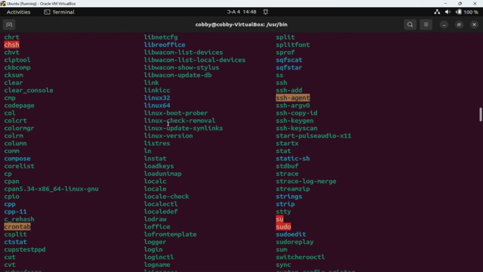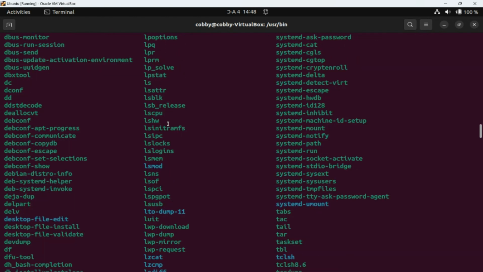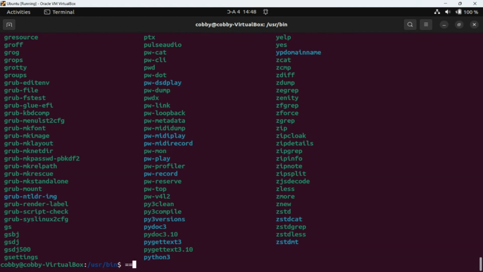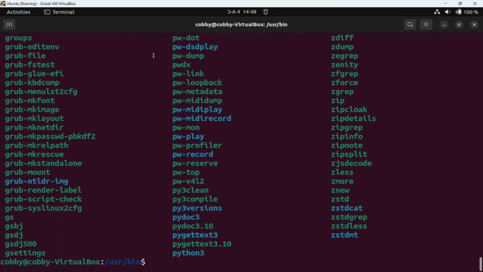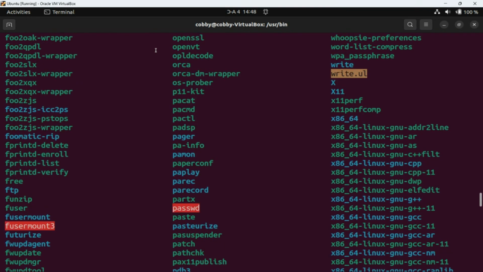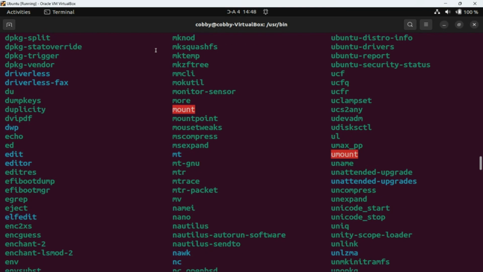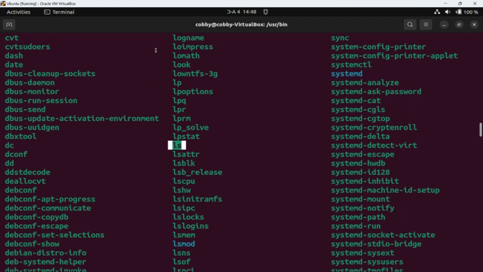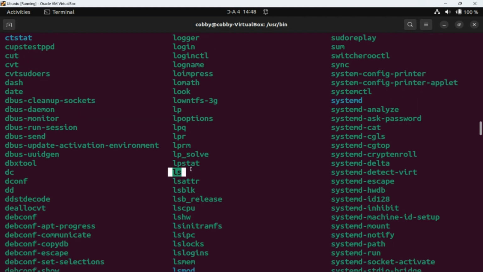Let's find ls here. Can you see the ls clearly? Let me zoom in a bit. So we have ls here. Oh, we found it now. We have ls here.